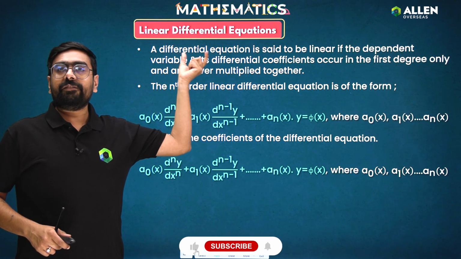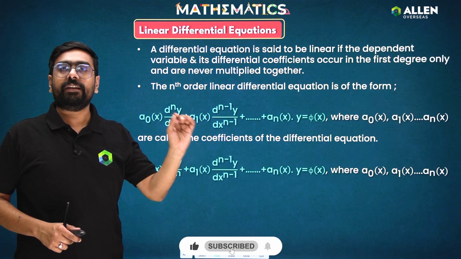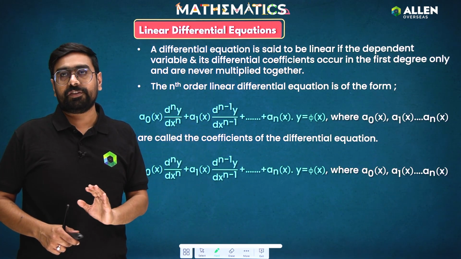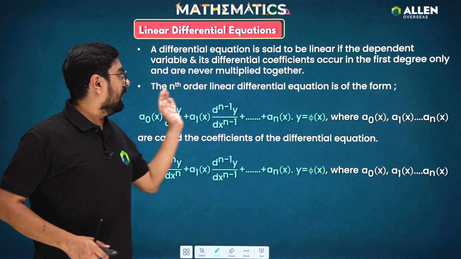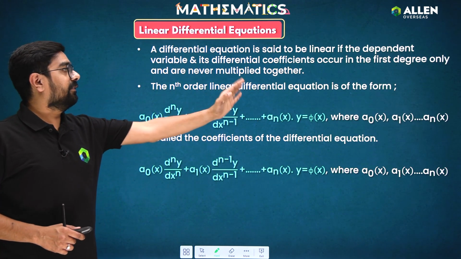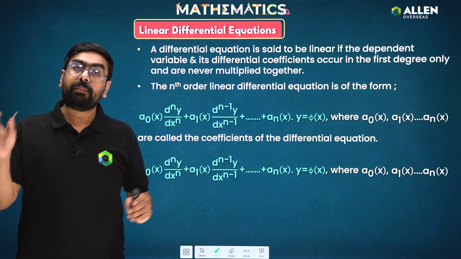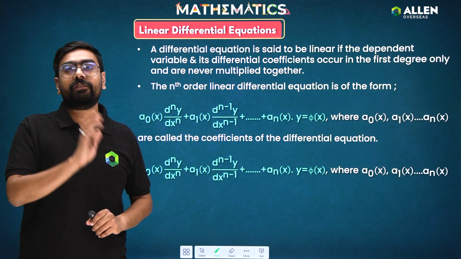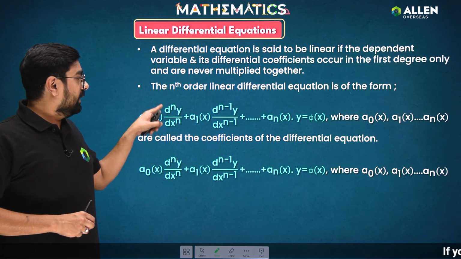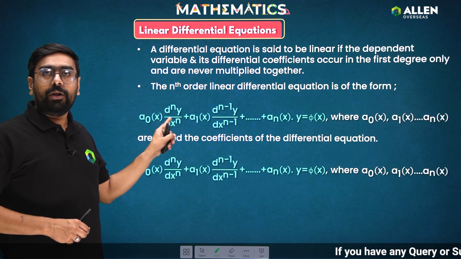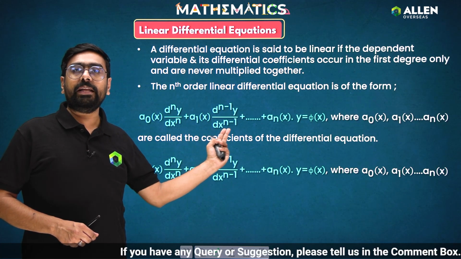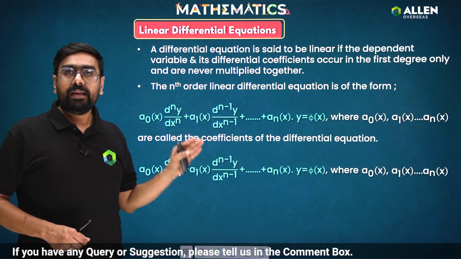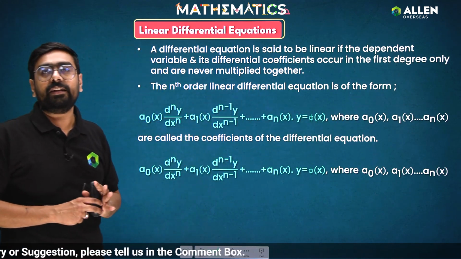That means a differential equation is said to be linear if the dependent variable and differential coefficients occur in first degree only, right? For example, an nth order linear differential equation: order doesn't matter, but degree matters. Degree should be first, right? So d^ny/dx^n + a1(x) d^(n-1)y/dx^(n-1) and so on. This is the general format of a linear differential equation.